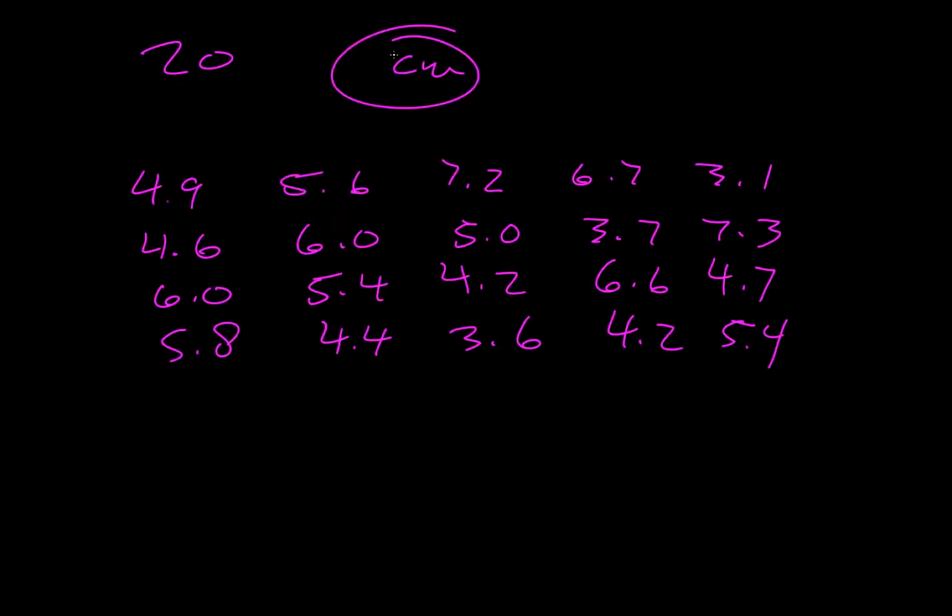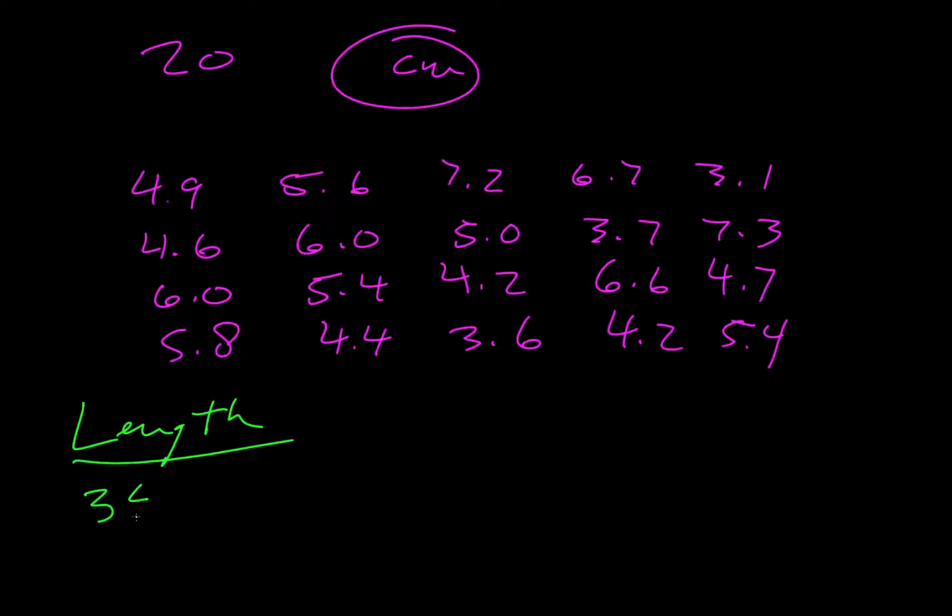Okay, so it says organize the data using a frequency table and hence graph the data. All right, so frequency table, we're going to have length. And since this is continuous data, it's going to make more sense to do what we did in the last video and just do a range.